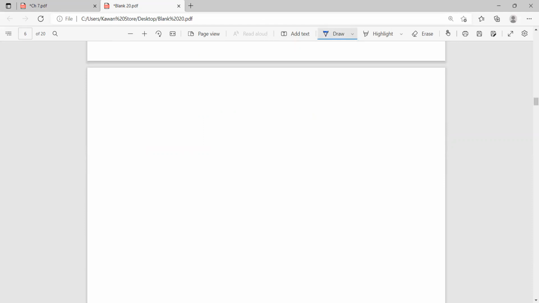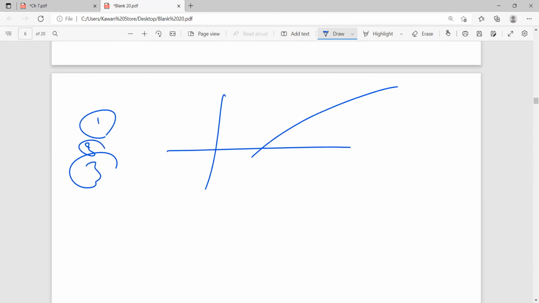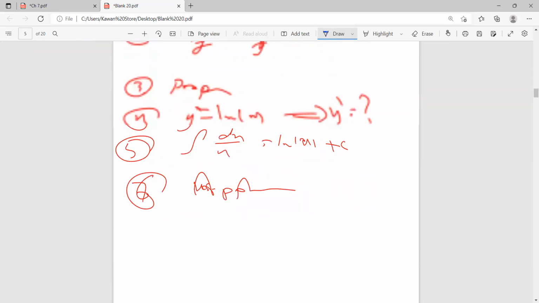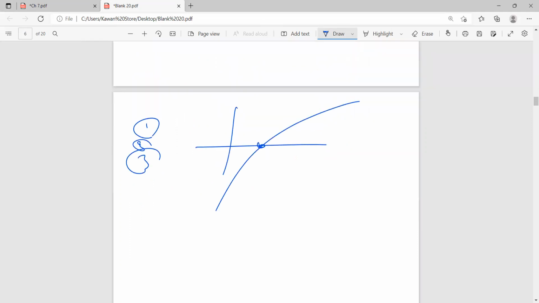We say the graph is like that. 2 and 3 together is like that. Also, I remember I gave you something else here: property and limit. Do you remember? We say the graph is like that, y is equal to ln of x.